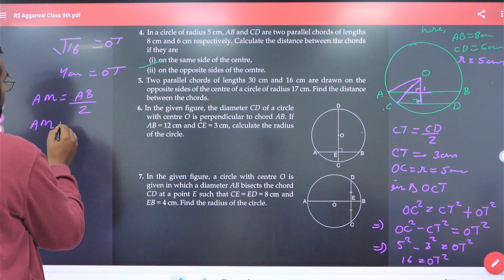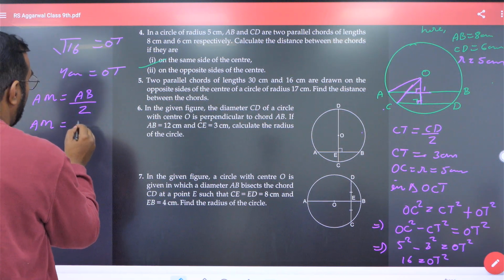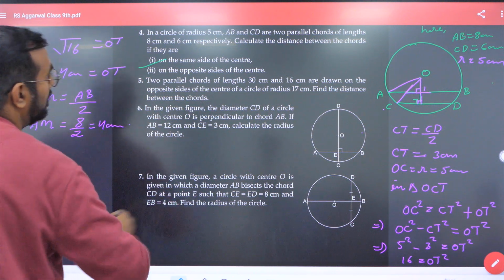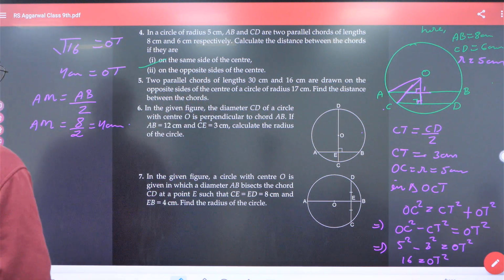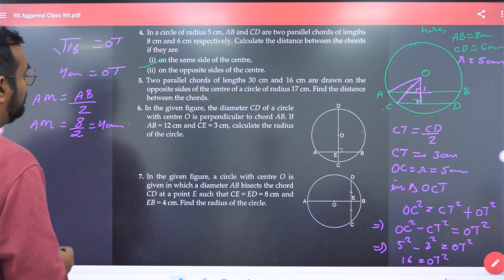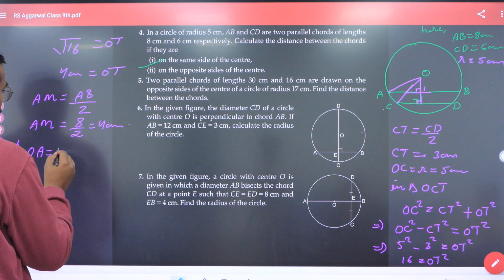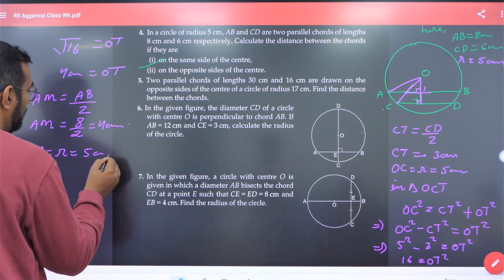AM will be equal to 8 by 2, that is equal to 4 centimeter, right? AB is 8, so AM is 4 centimeter, and OA is equal to R is equal to 5 centimeter.